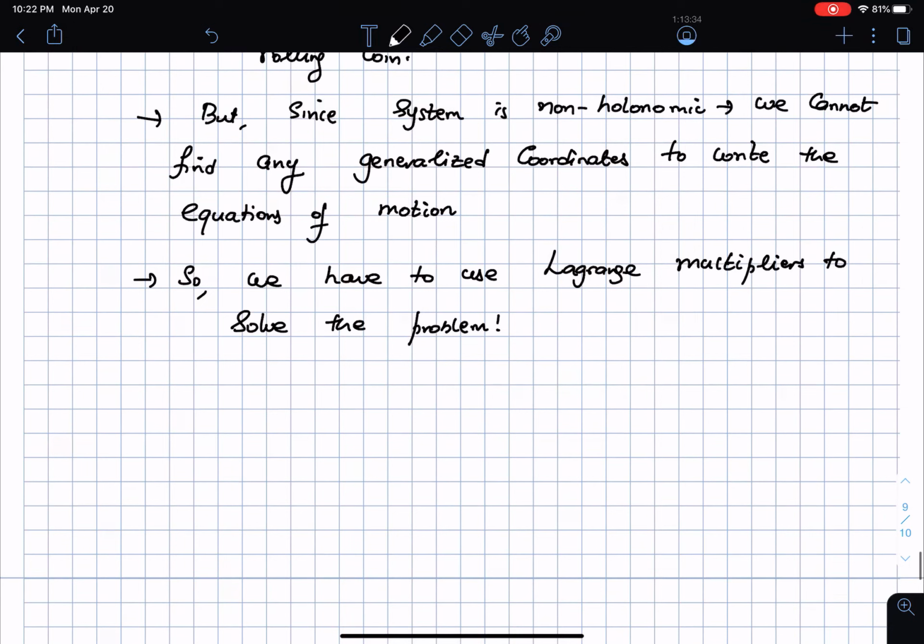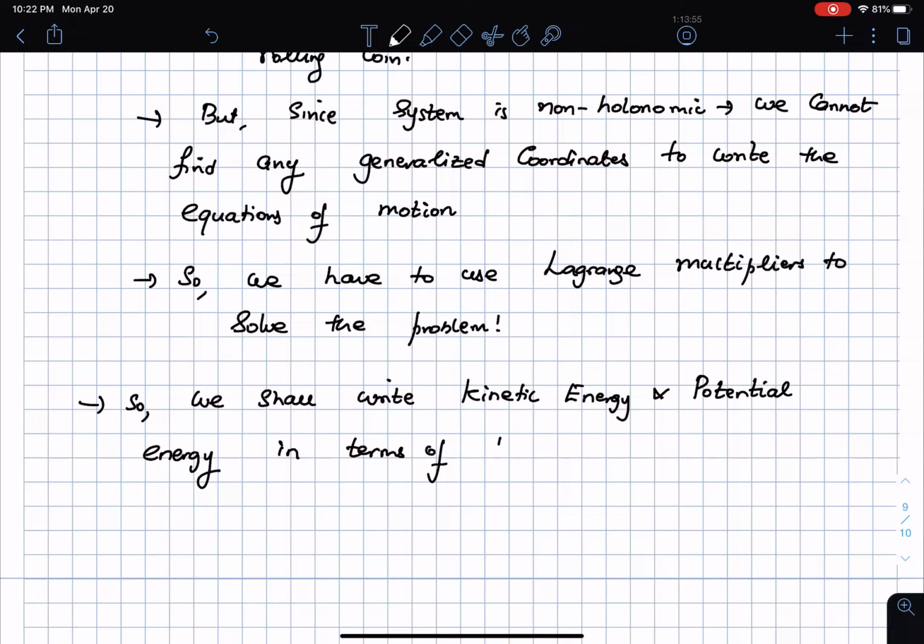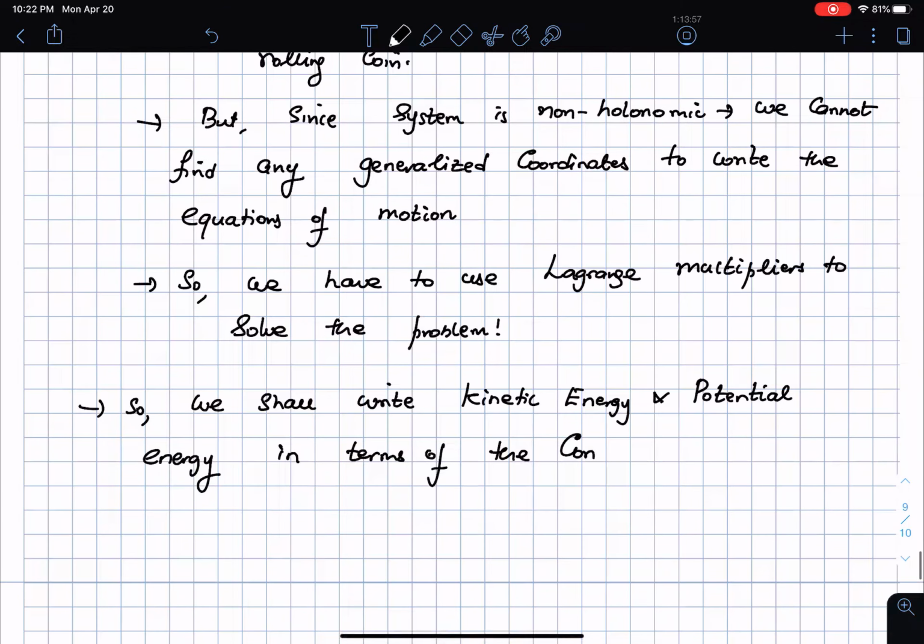So we shall write the kinetic energy and the potential energy in terms of the configuration coordinates. That is the next step, and then we will make use of the two non-holonomic constraints.